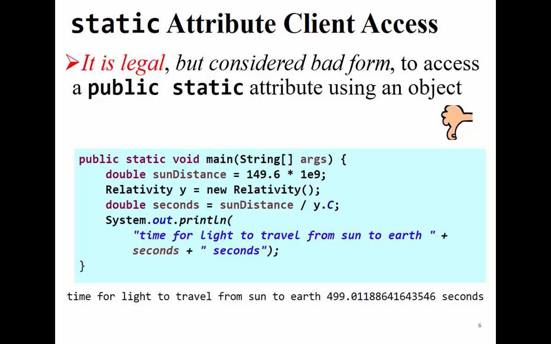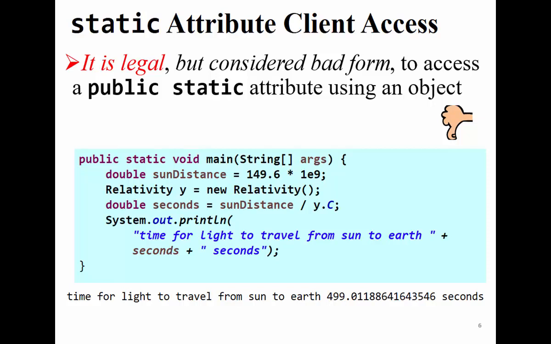Why? Because Java gives us the implicit constructor, which is the default constructor with no argument. So this is legal. New Relativity, we can still create an object. You see here in this example, we create a Relativity object, and we assign it to the variable y of type Relativity. Then we access y.c. It's legal, but it's bad.